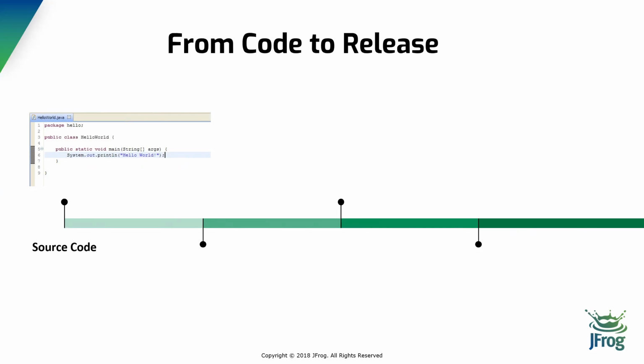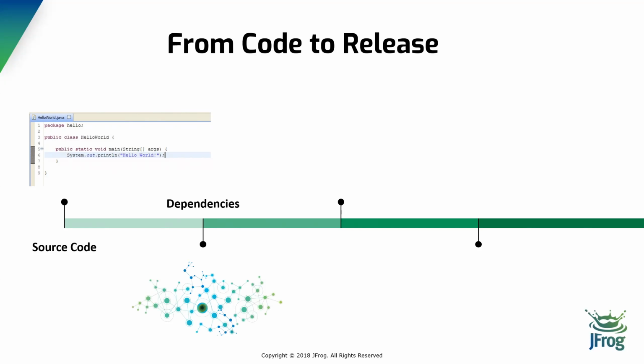You would actually get some pieces of code to implement specific features. And for that, you would rely on third-party libraries. Basically, these will be the dependencies of your project, of your binary, of your application.